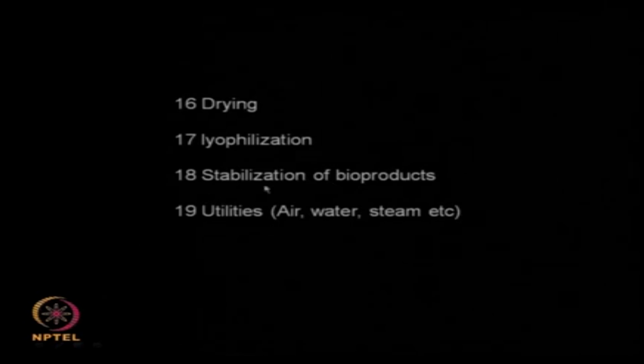Finally we will look at utilities also, because without utilities a downstream manufacturing unit has no meaning. Utilities like air, water, steam, hot oil, chilling water, and so on. If we talk about all these and understand how each equipment works, I think we will have a fairly good idea about the various components in downstream processing and how you go about designing a downstream process. Okay.